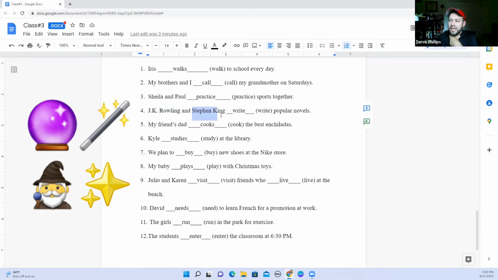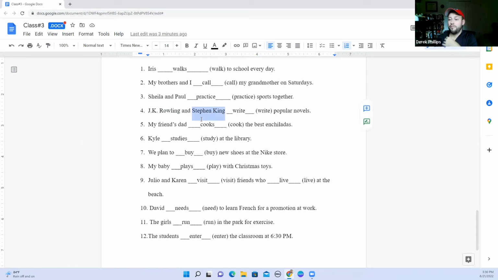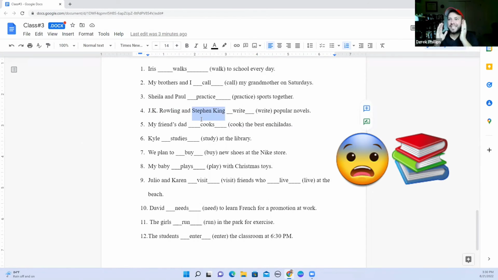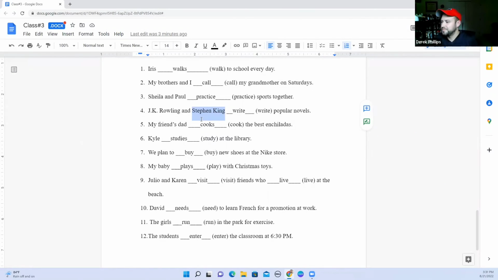And Stephen King is the author of many scary novels. I'm sure you know his name. Number 4 is similar to number 3 because in both examples, we want to talk about 2 people, more than 1 person.